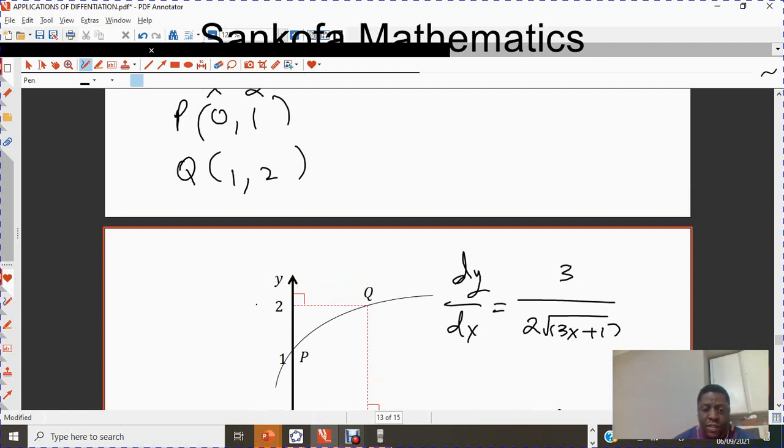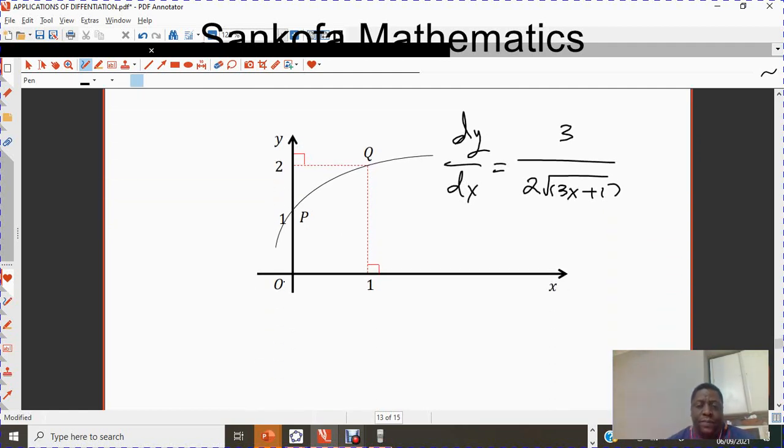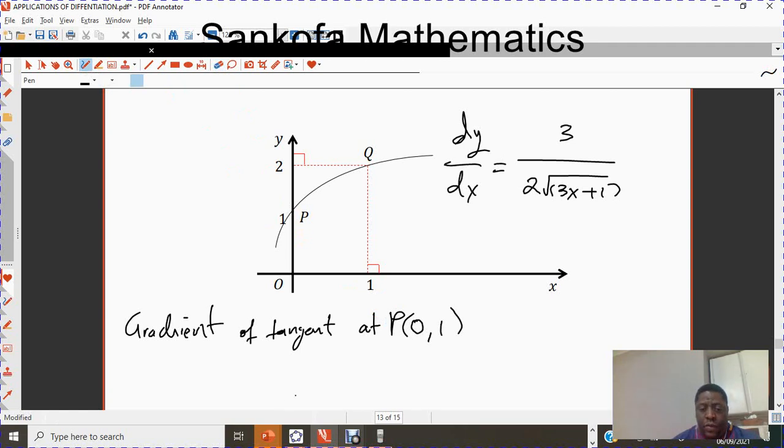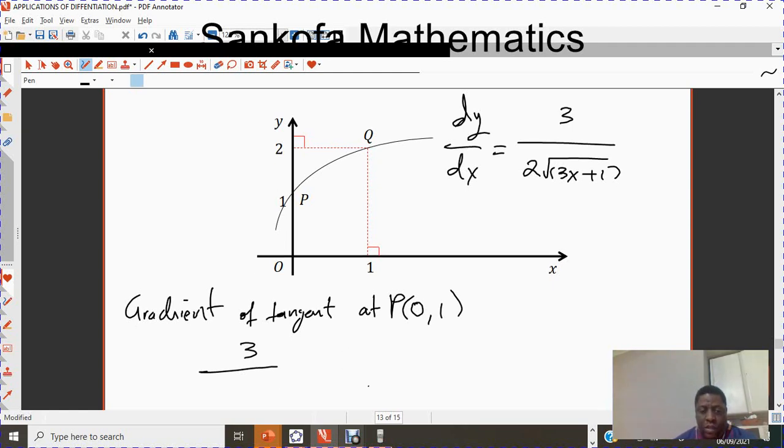Let me bring in my point P. The gradient of the tangent at point P, which is the point (0, 1), I substitute into my formula: it gives me 3 over 2 times the root of 3 times 0 plus 1.